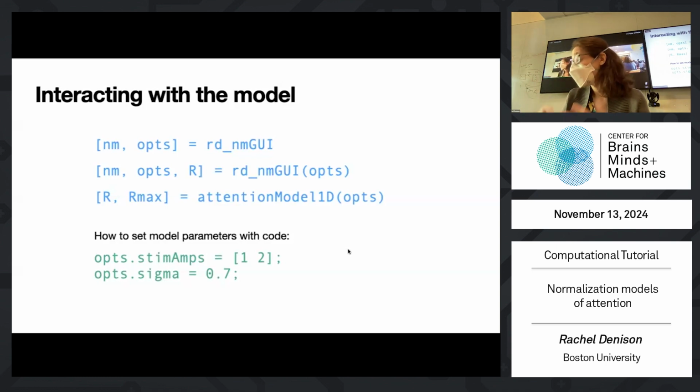Or you can write a little loop using this attention model 1D, where you're changing the amplitudes and then getting out this R max at different stimulus contrasts. Ah, I didn't go over this well. R is a vector, which is the whole population response. And R max is the peak.